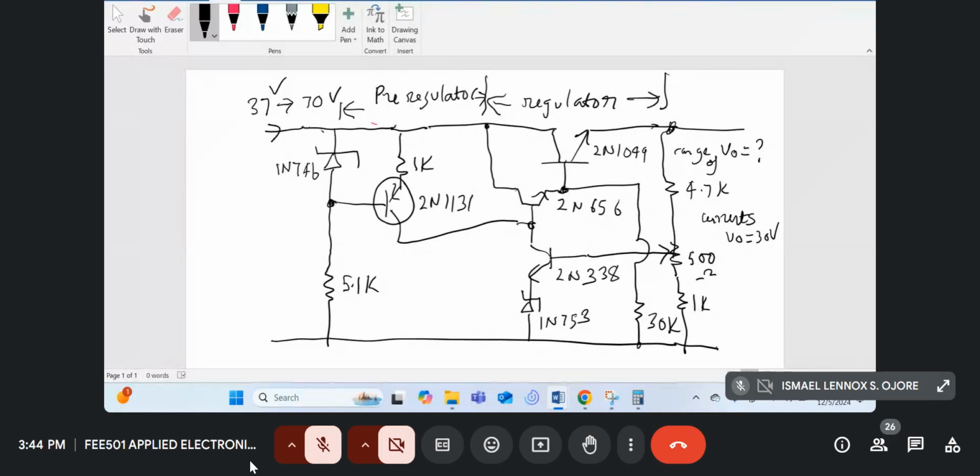And if you are tough, you can also find out what is SV, the stability factor of the output voltage, which is defined as delta V naught over delta VI. If you can do that, then you'll get 100 out of 100 in the exam. Now, let me see if I can give you some more information.